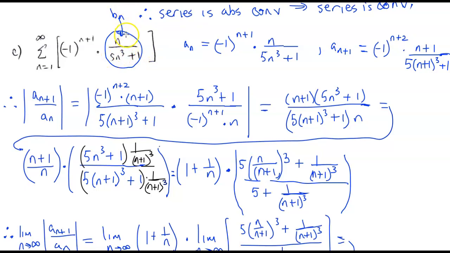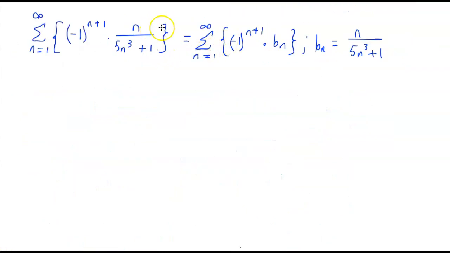And we need to show that the limit of n divided by 5n cubed plus 1 is going to 0. And if so, then we know that this particular series will converge conditionally based on the alternating series test. Okay, so here I've rewritten our series, but of course I've written it in a form where we've identified the portion that is non-negative, which is the b sub n here.